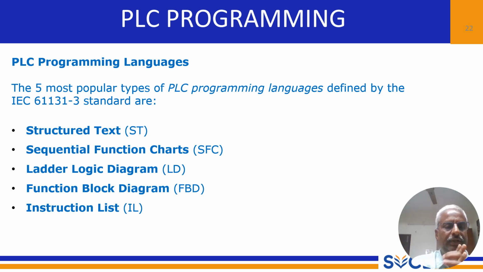And later on the PLC was introduced. These structured text, sequential function charts, function block diagram, and instruction list are somewhat difficult for the operators to use as programming languages to write the program and operate the PLC.